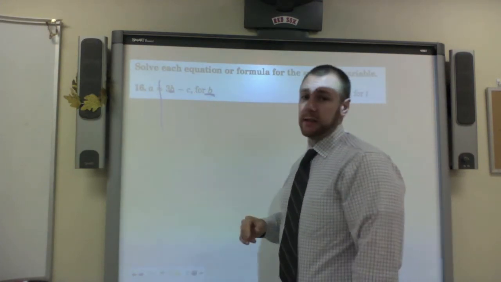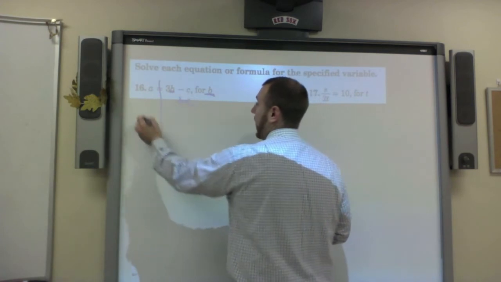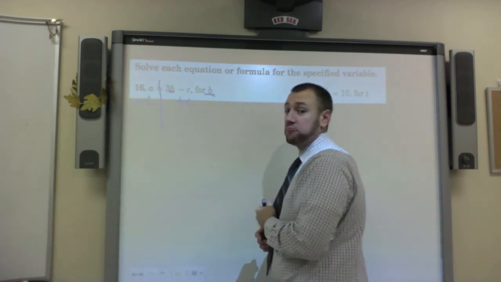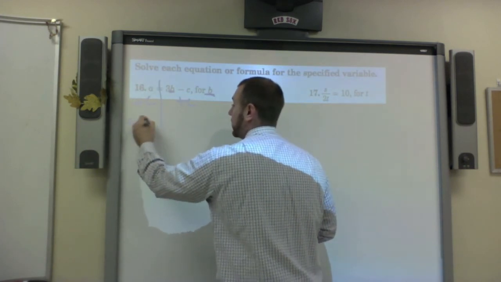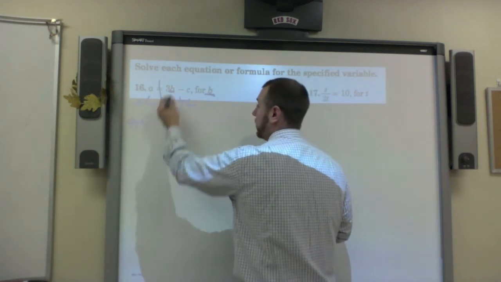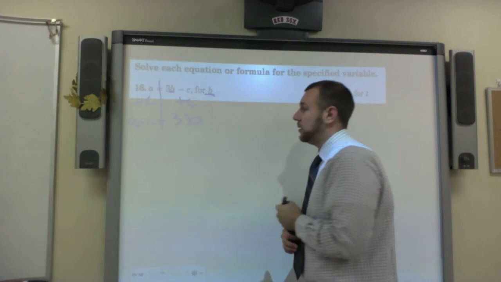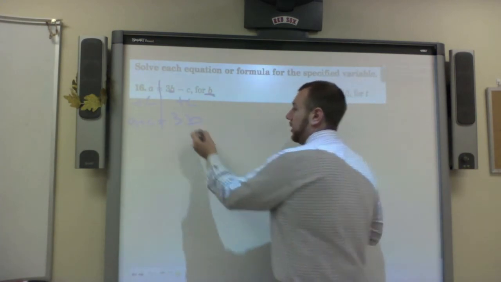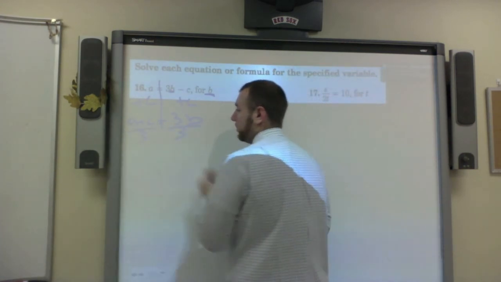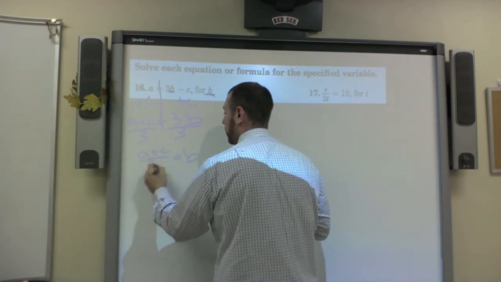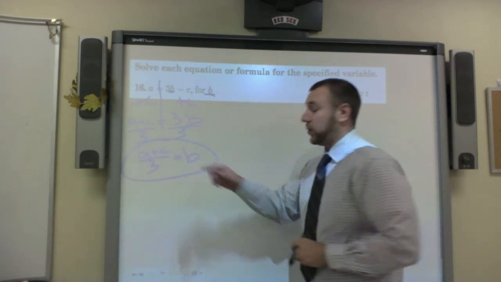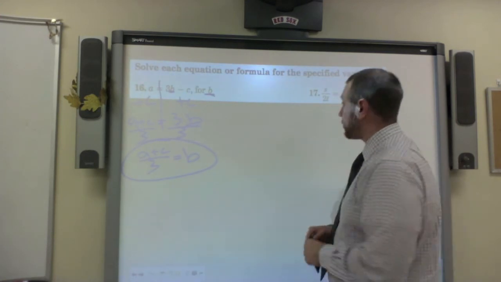So I see a minus c. So I'm going to add c to both sides. So on this side, I can't combine those, so I just put a plus c equals 3b. Well, I got to get rid of the 3, so I divide by 3. b equals a plus c over 3. I've solved for b, and it's alone.